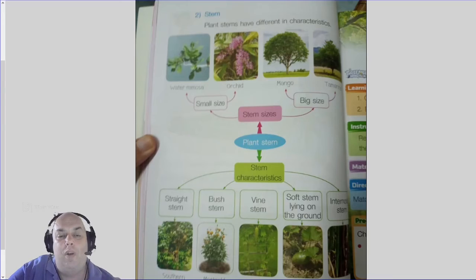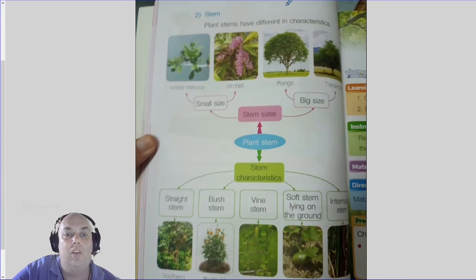Alright, the next part of the plant we're going to have a better look at is the stem. So what does the stem do? The stem takes the water from the roots and brings it to the flowers, the leaves, and the fruit of the plant.